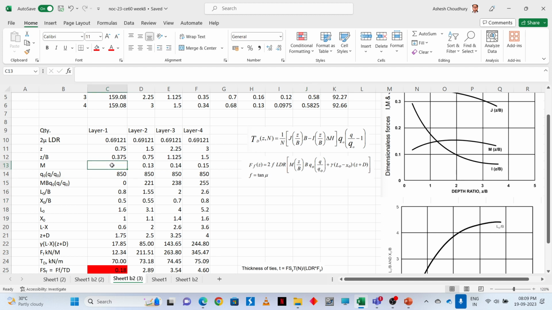Take the values properly from the graph. I am just taking some graph estimates and doing it. So 0.1, 0.13.